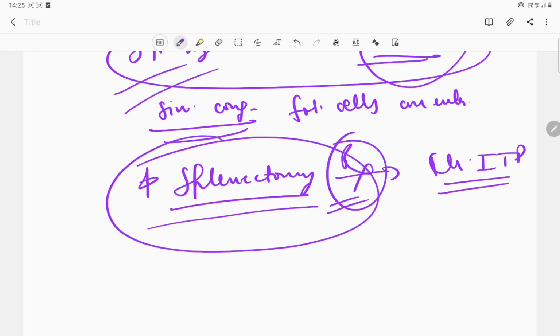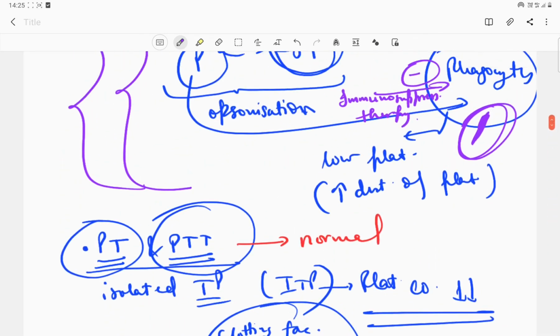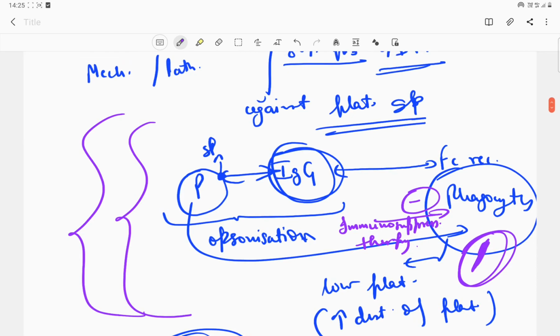What if this also does not work? What if this also fails? The next treatment we will again find in the pathogenesis part. What we can do last is inhibit this IgG. We can inhibit the opsonization by IgG so that the destruction of platelets is suppressed.